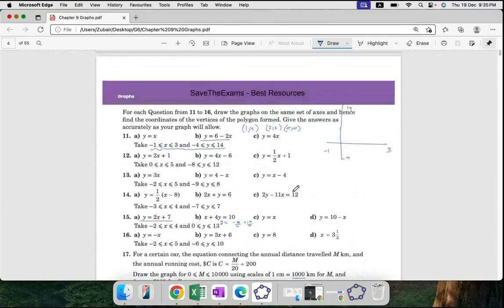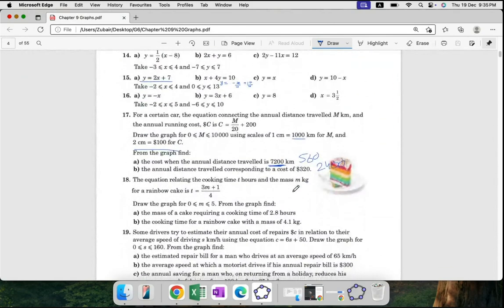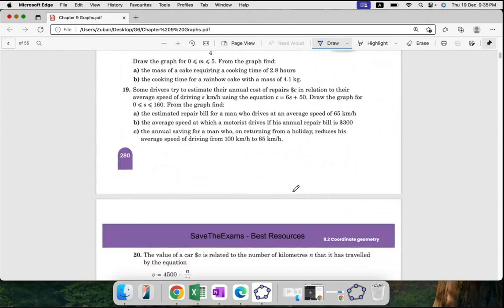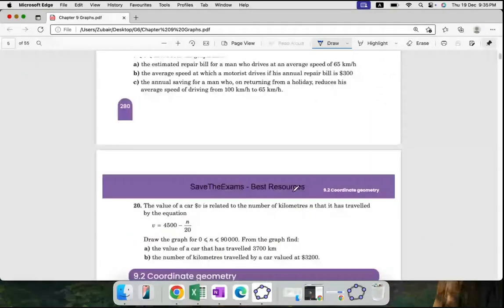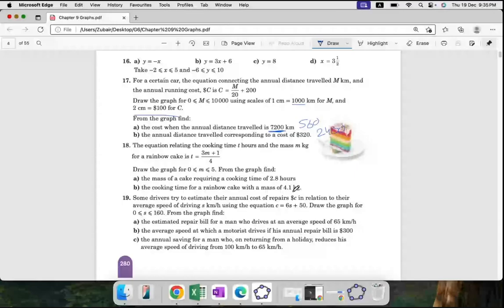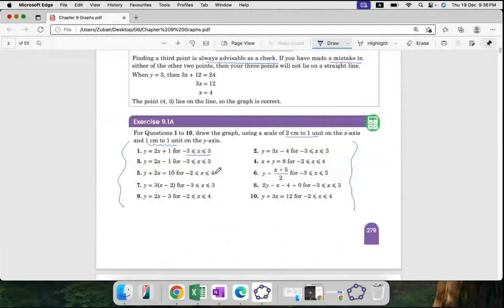For today, we'll just stay within the graphs and let's practice some more. Which graph should we do? Of intersections without the graph page.